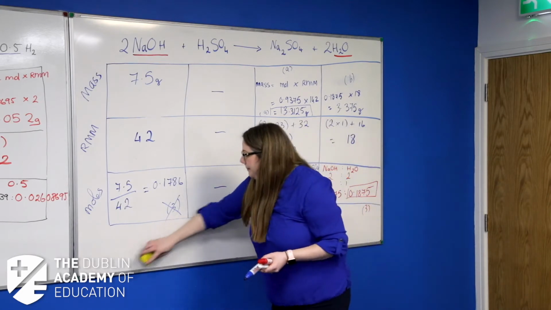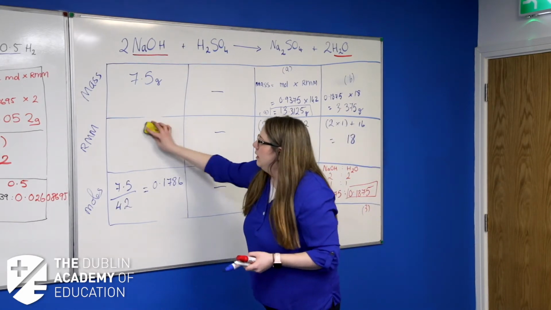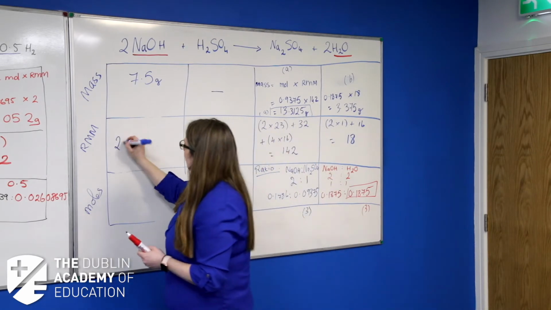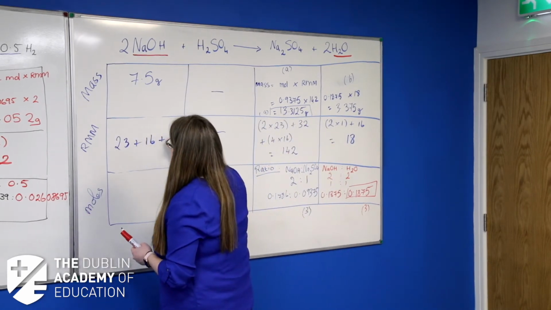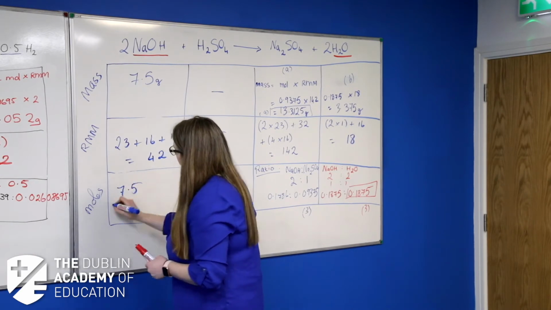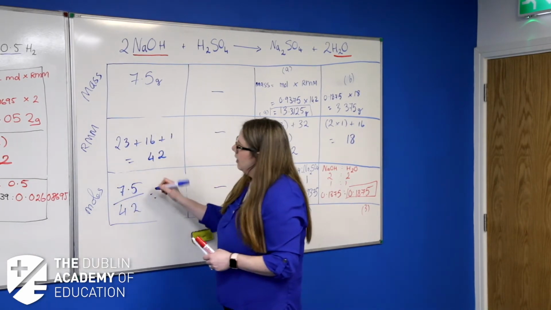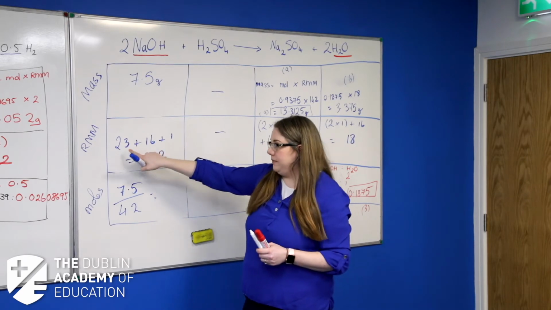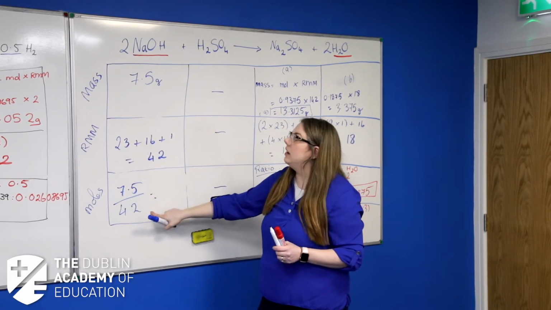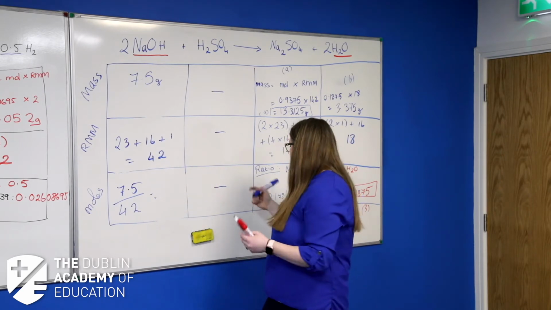Let's talk about a slip. When you write out the RMM, so you've got 23 plus 16 plus 1 is equal to 42, and then it's the mass divided by the RMM, which we worked out was 0.17.